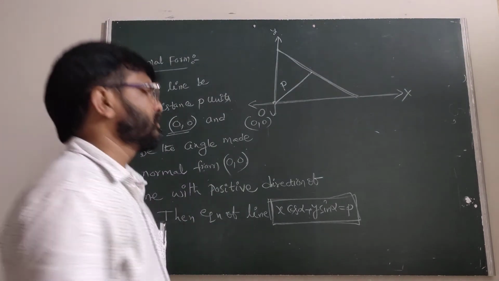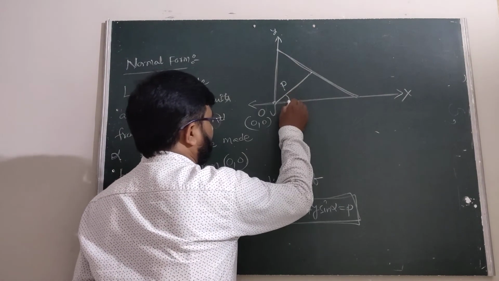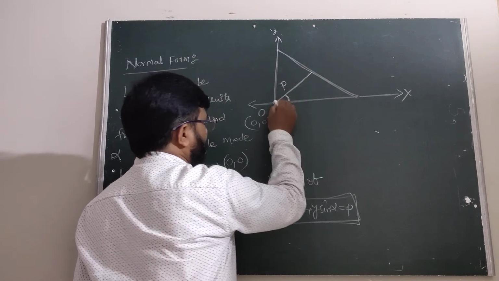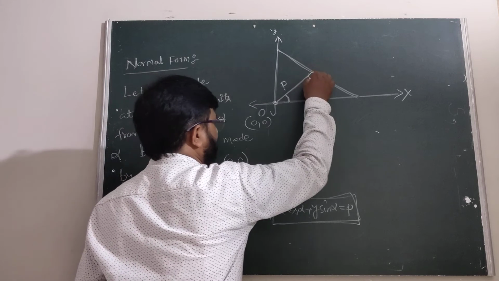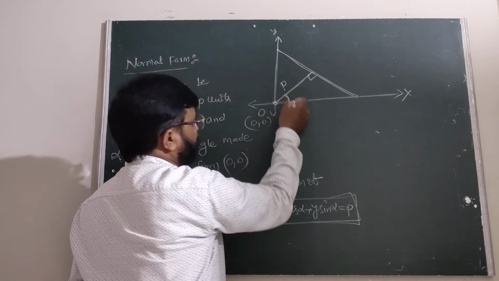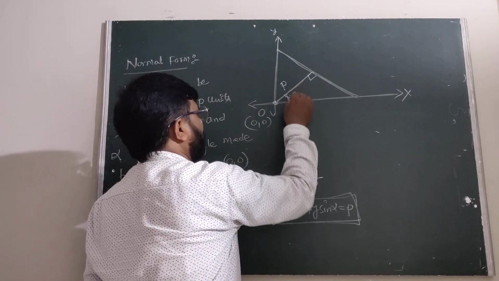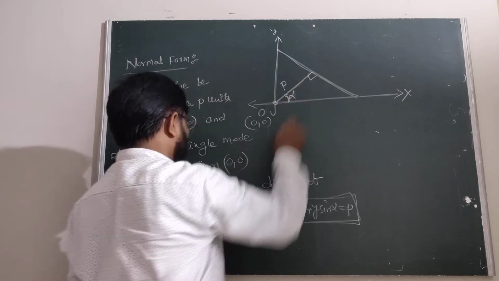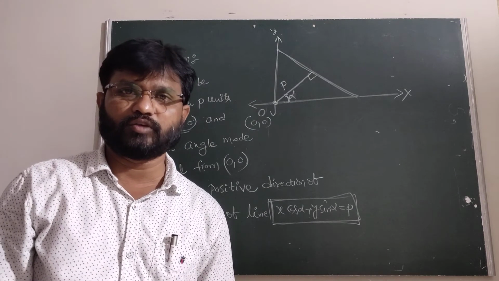Therefore, here it is given that alpha is the angle made by the normal from the origin to the line. That means it makes 90 degrees with the positive direction, and we have to take the anti-clockwise sense. This is alpha. Then the equation of the line is x cos alpha + y sin alpha = p.